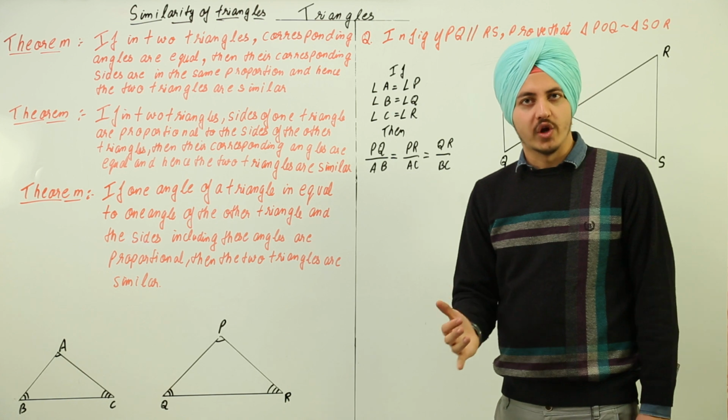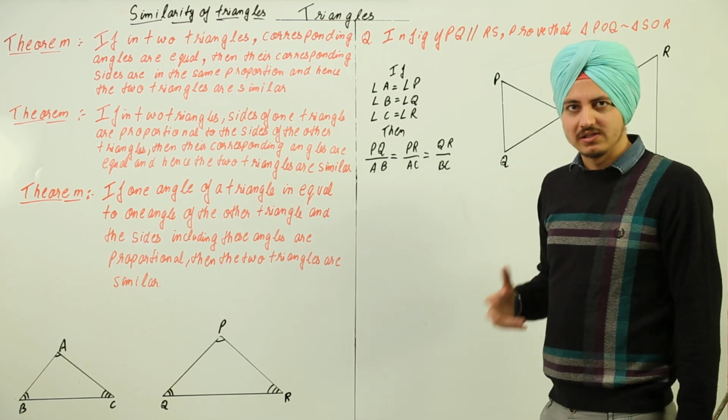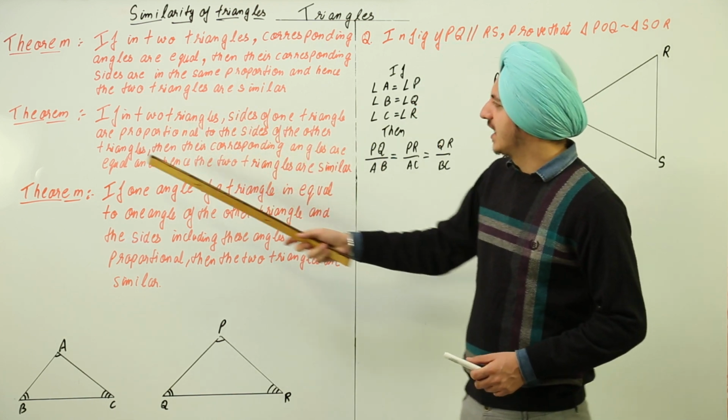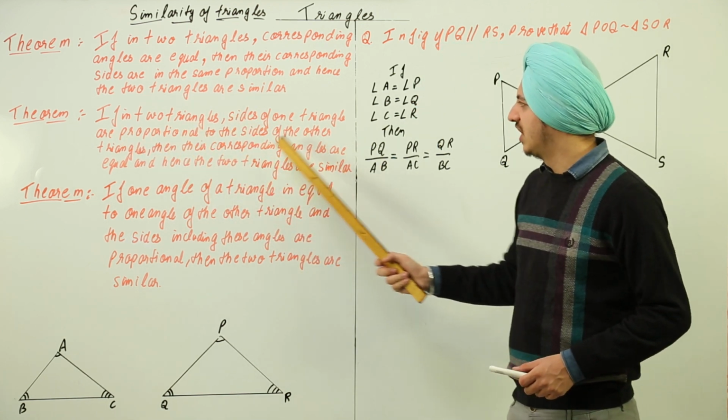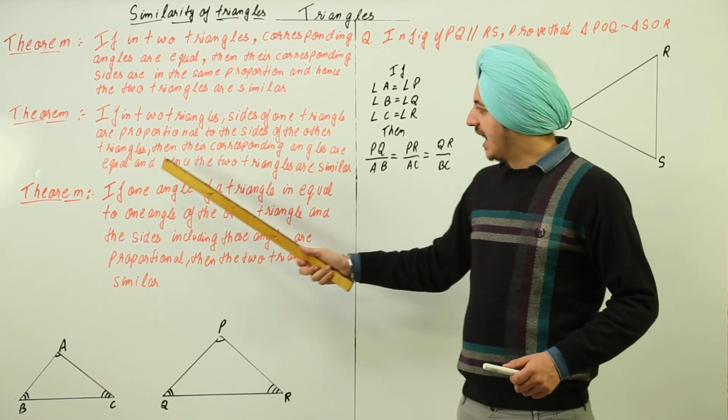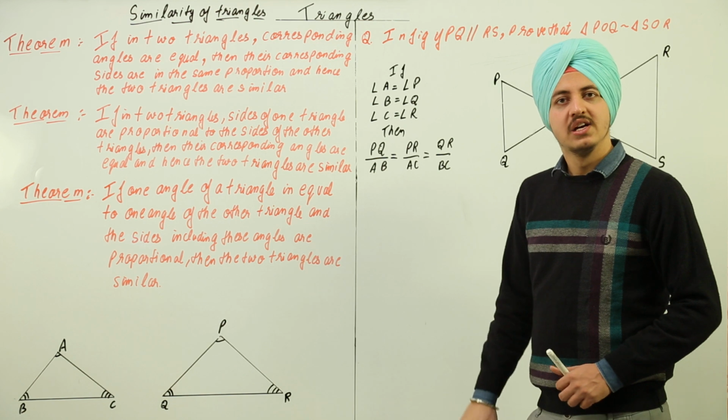Now in the second theorem, the conditions are vice versa. It is said, if in two triangles, sides of one triangle are proportional to the sides of the other triangle, then their corresponding angles are equal and hence the two triangles are similar.